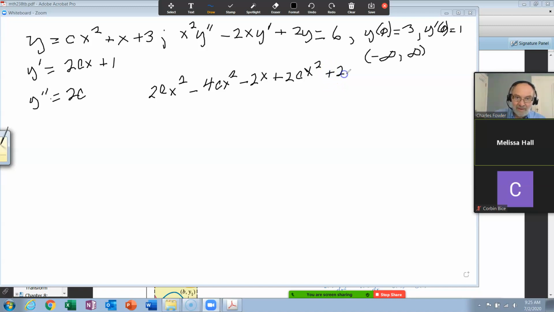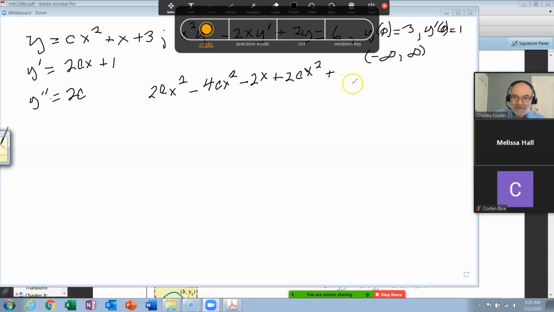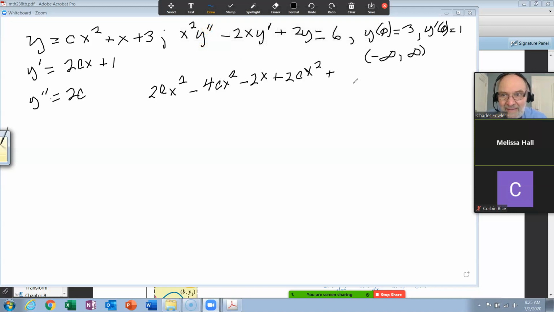I should really be writing all the steps, but it's just so hard to write on this thing. Plus 6, the 2x didn't show up, plus 2x plus 6, and that is supposed to equal 6. Well, let's see.